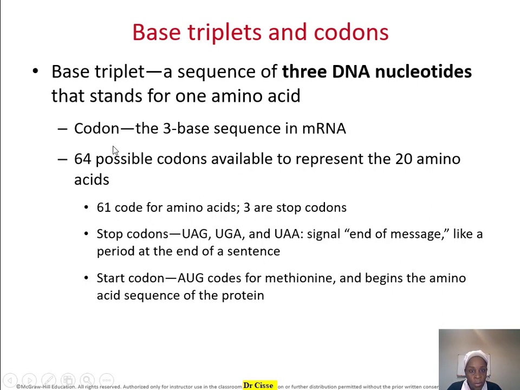The codon is the 3 base sequence in the mRNA. So if you think about it, the base triplet is in DNA, and if you make the copy in the RNA, those 3 will be the codon, okay? And then the anticodon will be the one on the tRNA that has to bring the amino acid to build the protein.